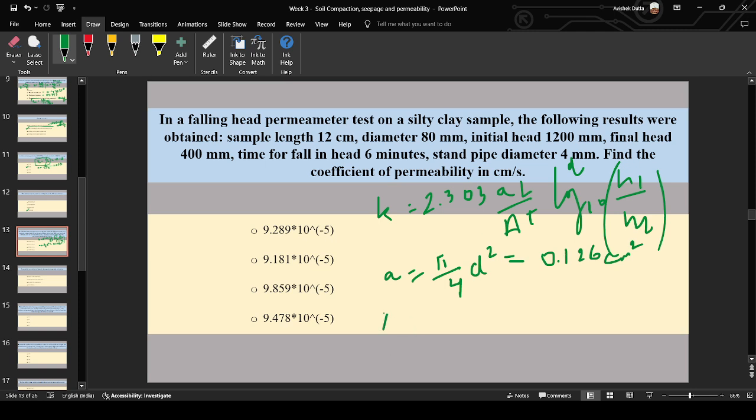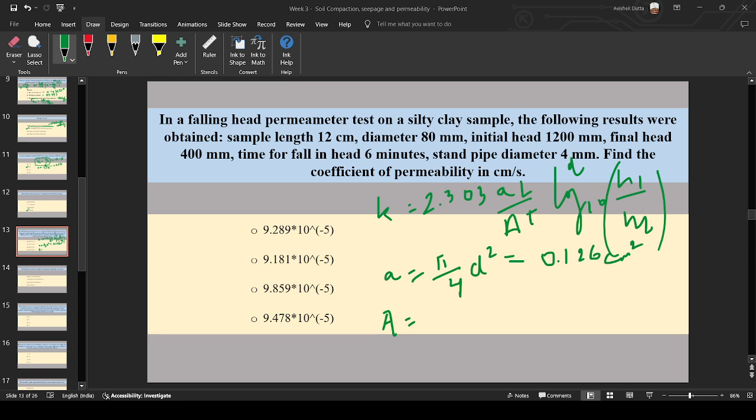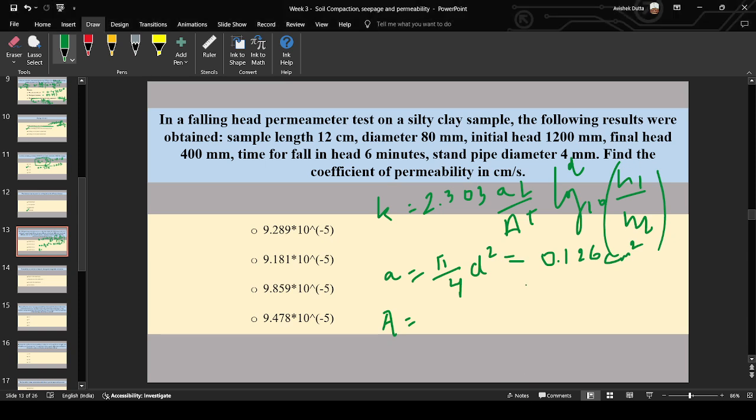Then again, what is capital A? It is the area of the cross section of the soil sample. What is the diameter? 80 mm. Okay, 80 mm. This is d square, with a value of 50.265, again centimeter square.